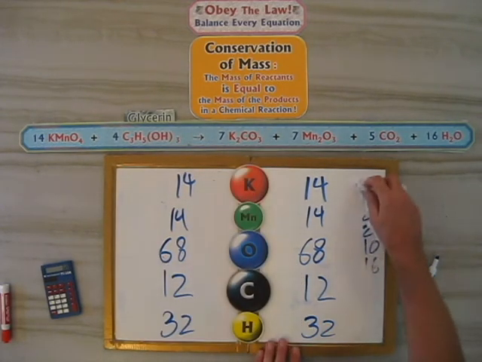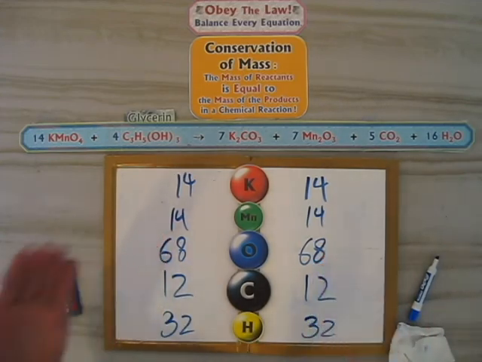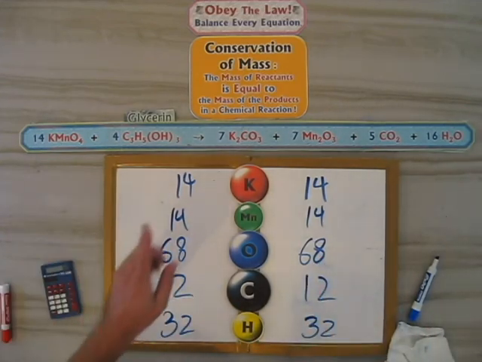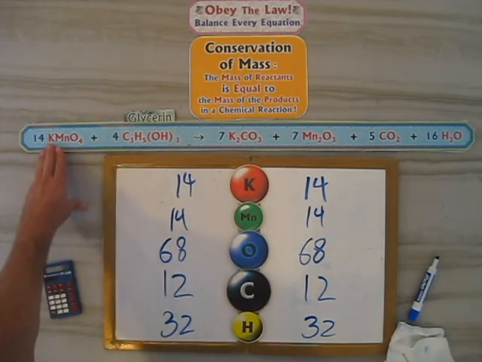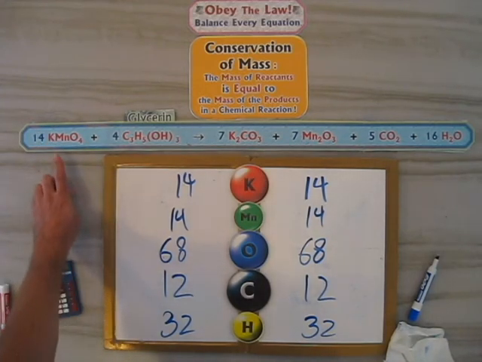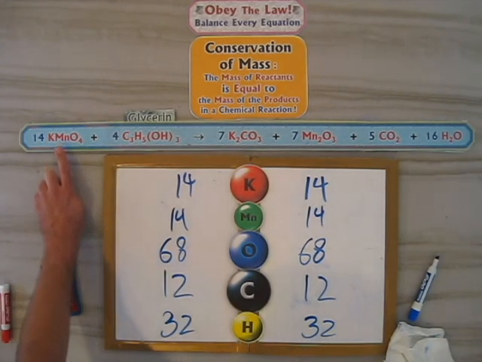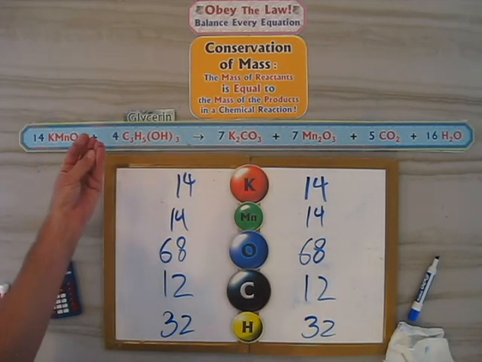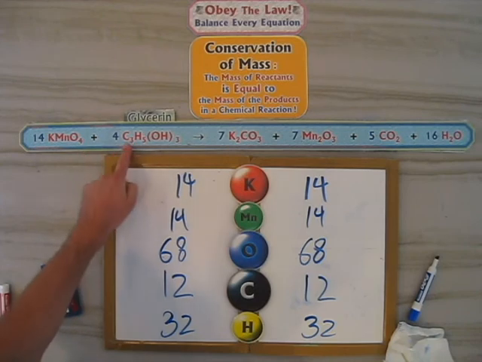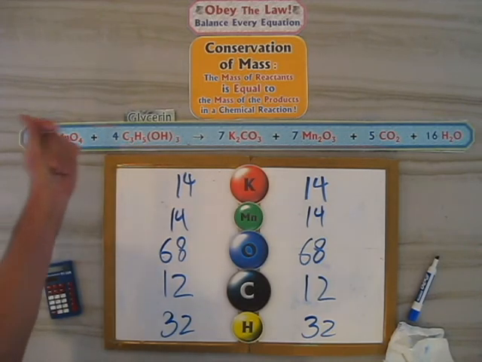That's a ridiculous equation. That's about as hard as an equation can possibly be to balance. What I forgot to mention at the beginning is that potassium permanganate is a beautiful black, shiny crystal substance, kind of sparkly, and it's very easy to get reacting. It's very reactive. And if you react it with glycerin, which is like a goopy liquid, an organic liquid, it'll give off a lot of energy.